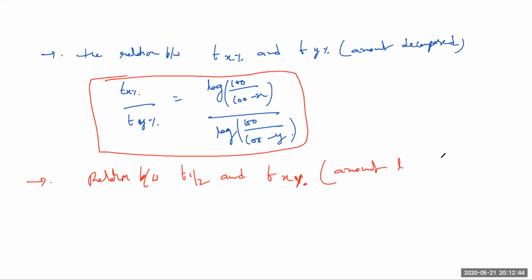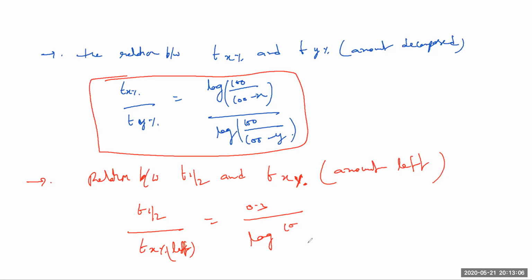That is T half by Tx percentage left is equal to 0.3 divided by log of 100 by x, not 100 minus x. Take this one.